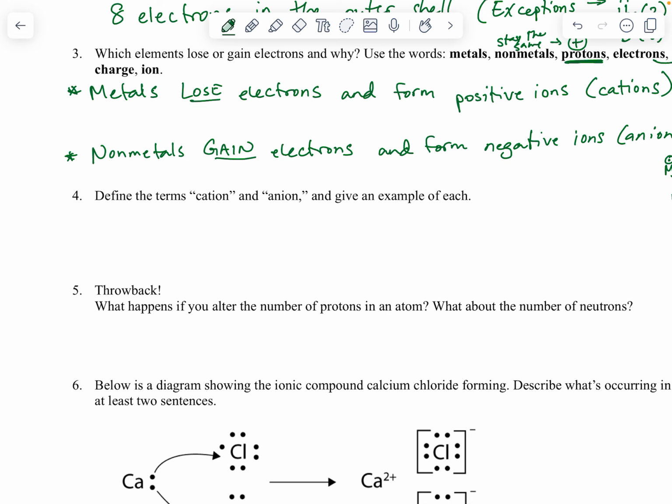And of course, define cation and anion. Cations are the positive ions, anions are the negative ions. Positive ions are all metals, so you can have magnesium, you can have sodium, you can have our transition metals where iron can be a positive 2, iron can also be a positive 3.